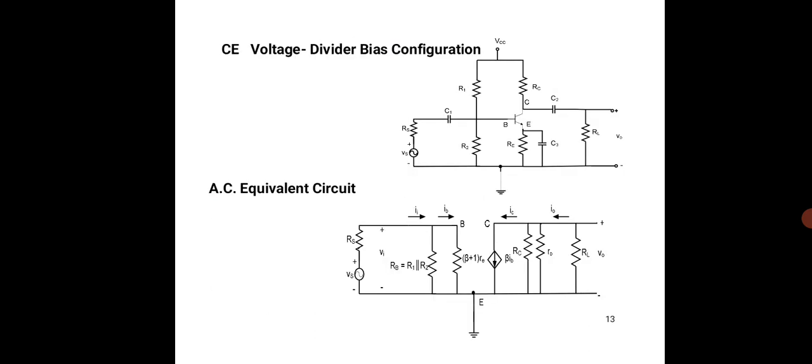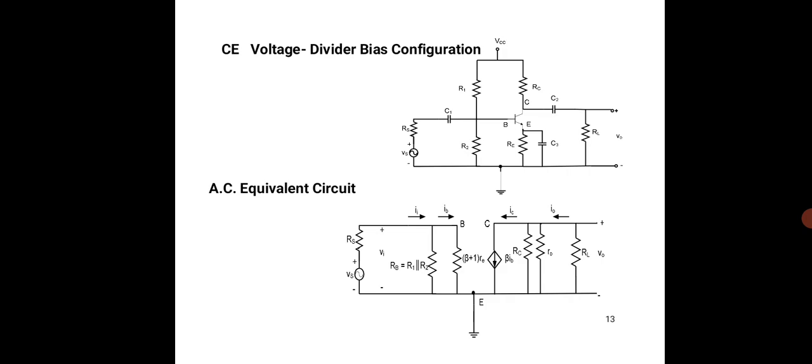Here we have a CE voltage divider bias. Already in the biasing we have seen what the bias circuit is. Here you can see two resistors added, R1 and R2. Now see how it has been replaced in the AC equivalent circuit.